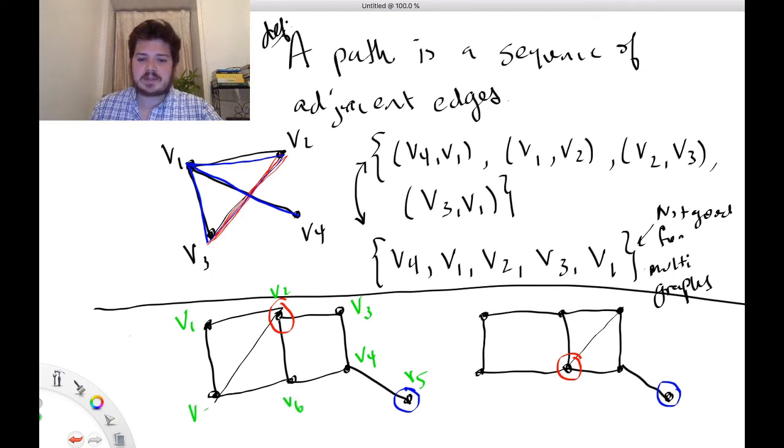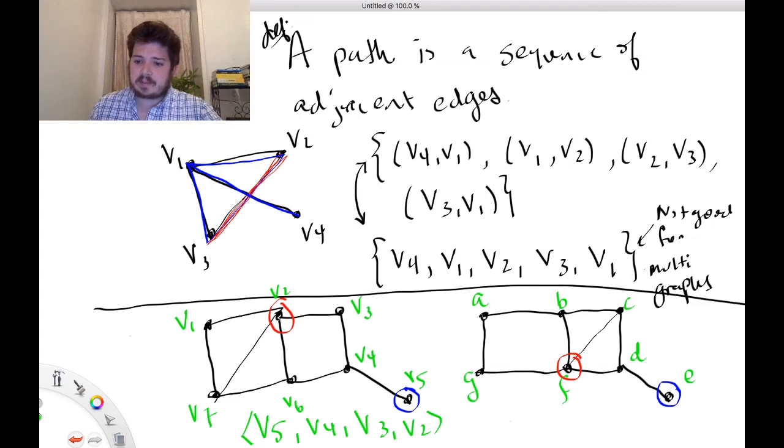Right, the path length between V5 and V2, you could have V5, V4, V3, V2, and let's say A, B, C, D, E, F, G. This path length from E to F is just E, D, F. So this path was length 3. And this path was length 2.